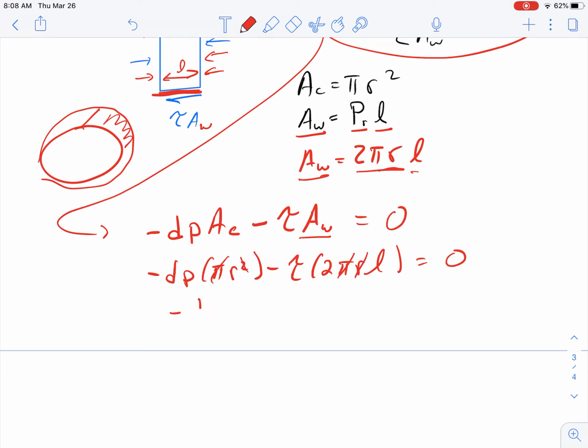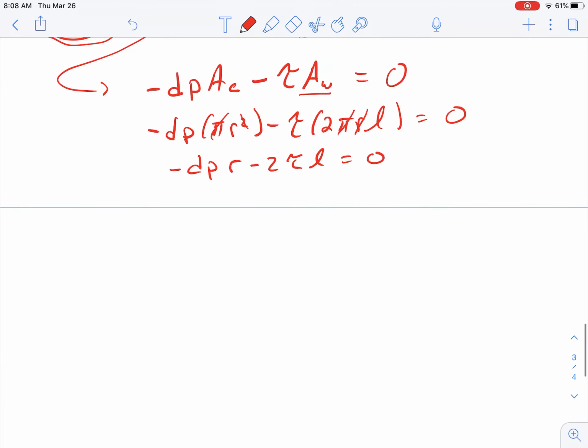And we're left with minus dP times r minus 2 tau L equal to 0. And we can rearrange this a little bit and say that dP r is equal to minus 2 tau L, or dP over L is going to be equal to minus 2 tau over r.